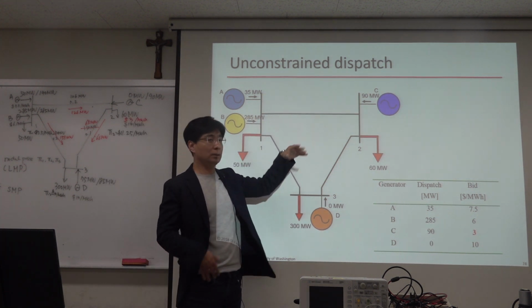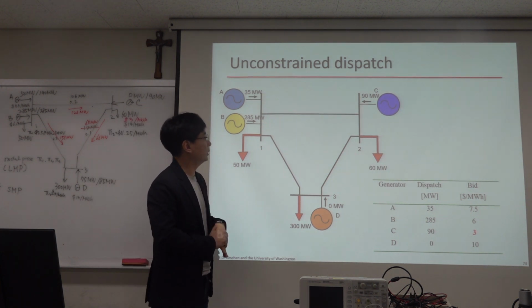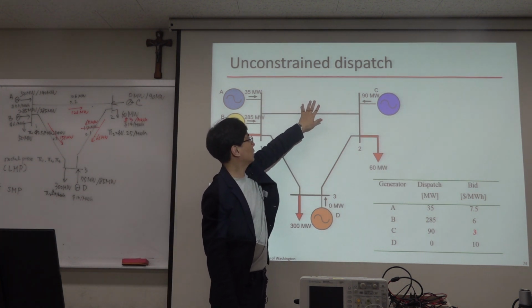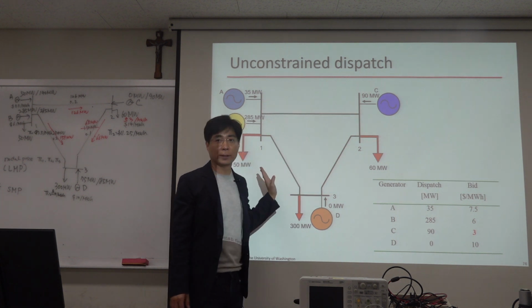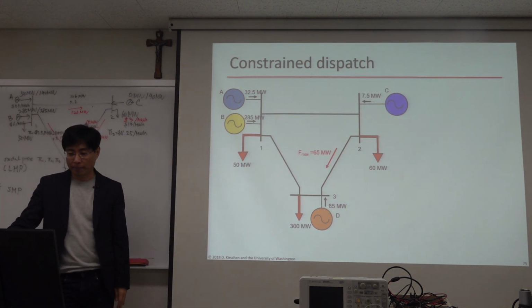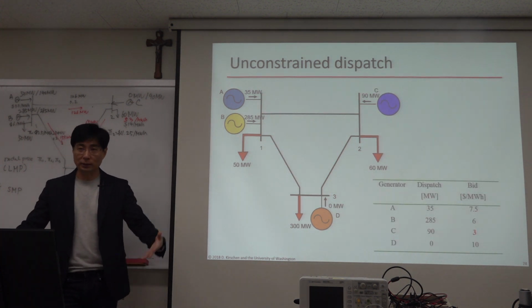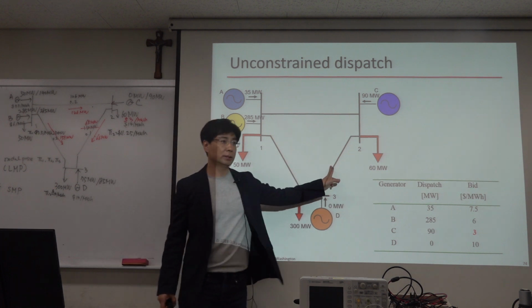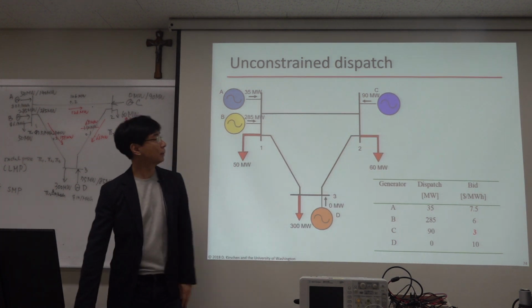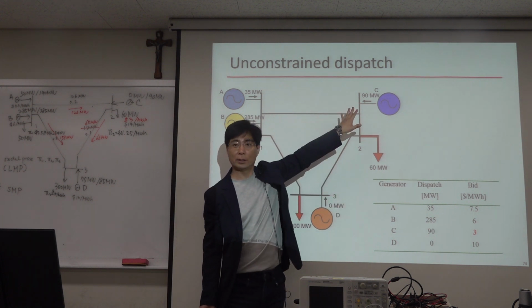Using the splitting and the superposition, we can determine the power flows here, here, here. And the result is what? Actually, it violates this constraint. So you need to adjust the power generation here, here, and there.